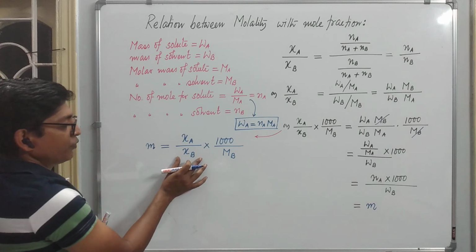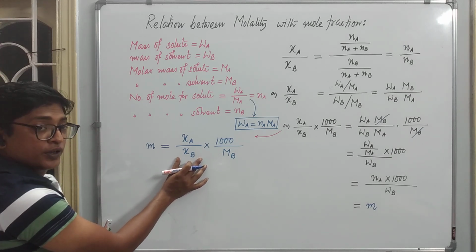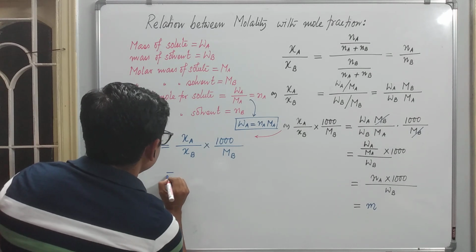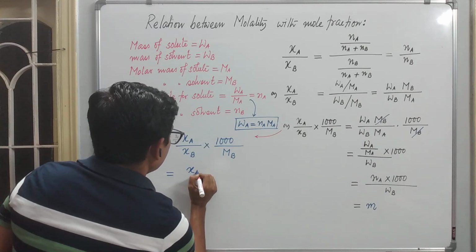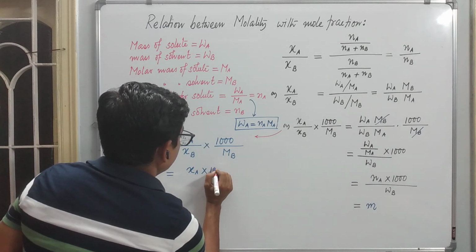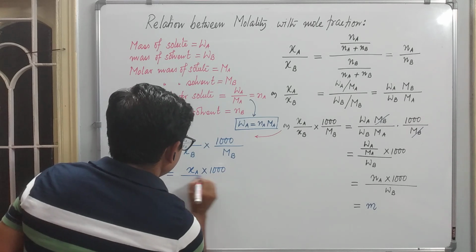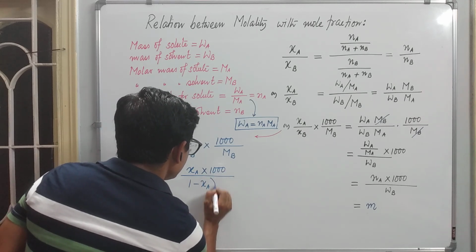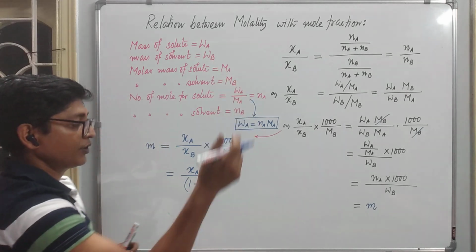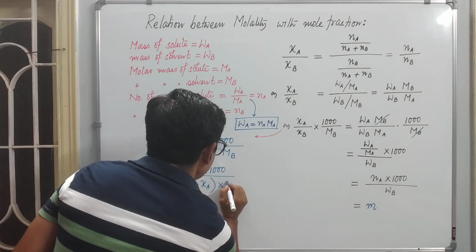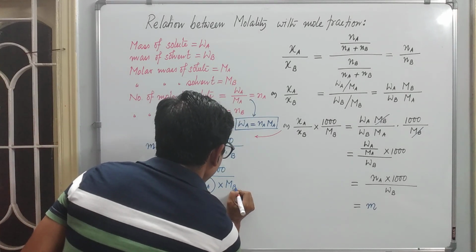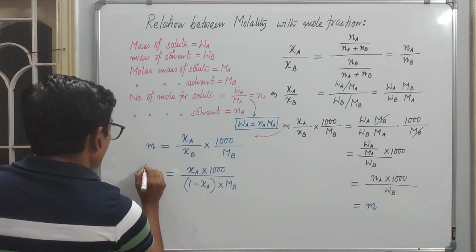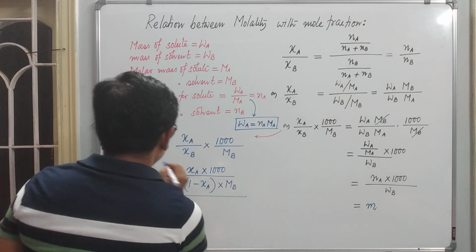If you are not happy with the mole fraction of the solvent, if you want to express it in terms of solute, you can simply write XA, mole fraction of A, multiplied with 1000 divided by 1 minus mole fraction of solute, as we have done in the previous case, into MB. So this is the relation between the molality and the mole fraction.